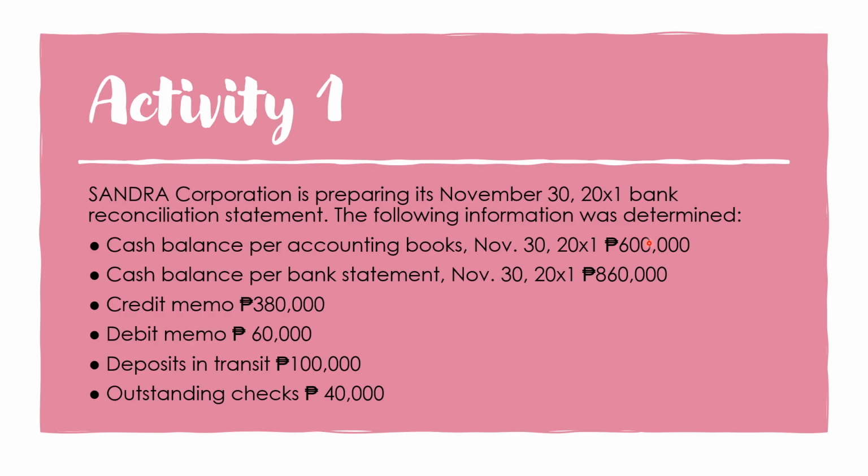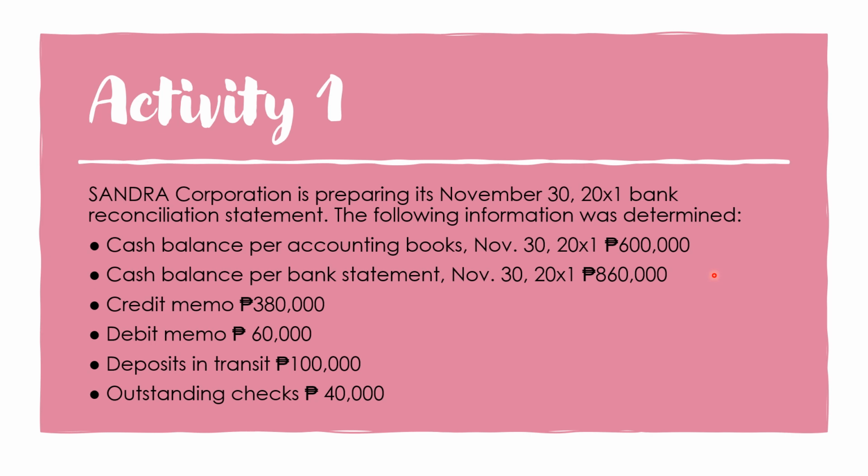So, let's start with activity number 1. Sandra Corporation is preparing its November 30, 20X1 bank reconciliation statement. The following information was determined. First is the cash balance per accounting books, November 30, 20X1, amounting to 600,000.